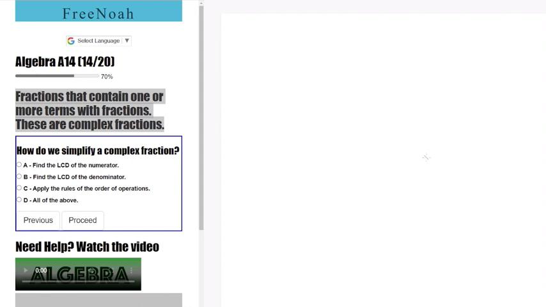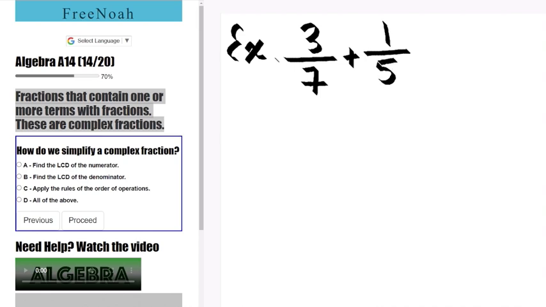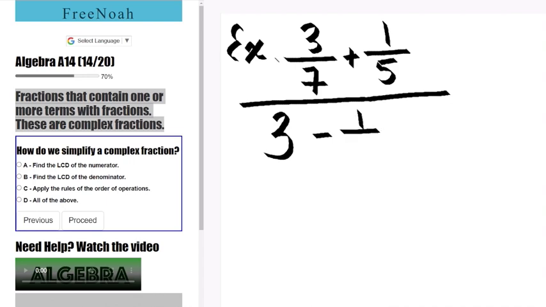Let's take another example where we have to multiply, divide, add, and subtract. So 3 over 7 plus 1 over 5 divided by 3 wholes minus 1 over 6.